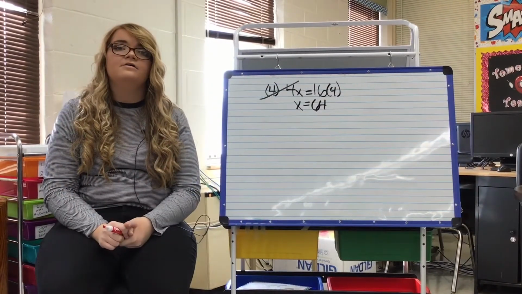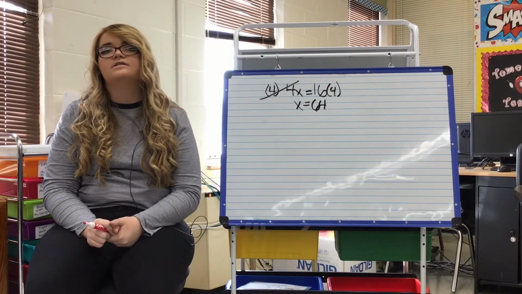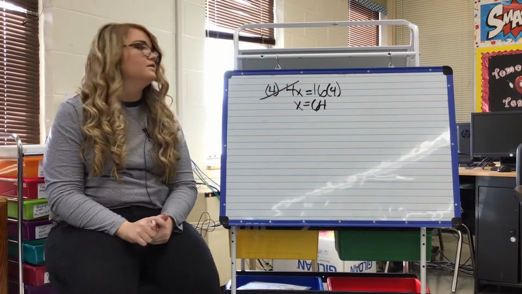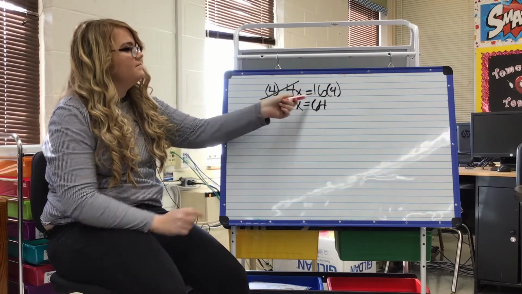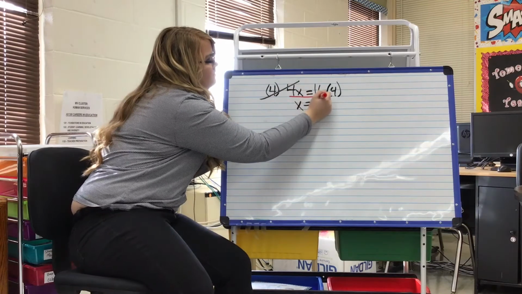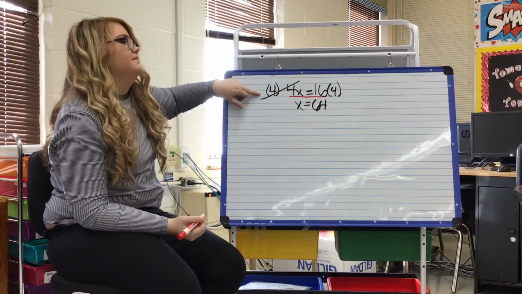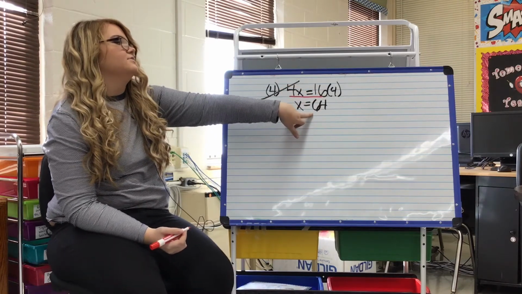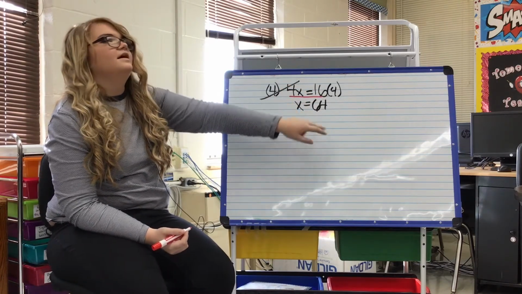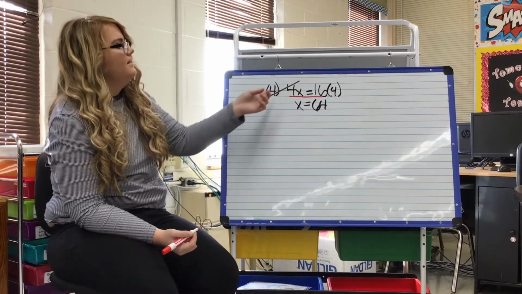So now I'm going to give you guys a problem that is wrong, and I want you guys to think of what I did wrong. So here I have 4x equals 16. And I multiplied them by 4 on each side, and I got that x equals 64. But you remember what inverse is, right? So what did I do wrong here?